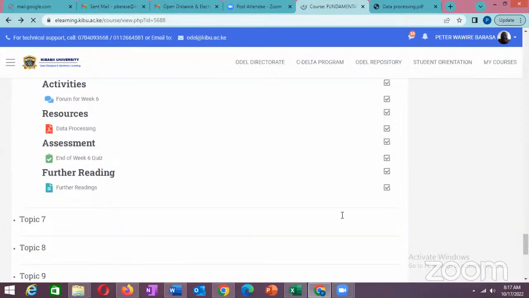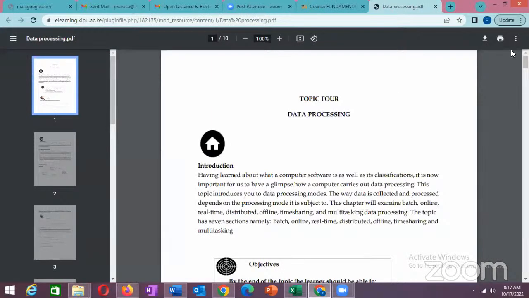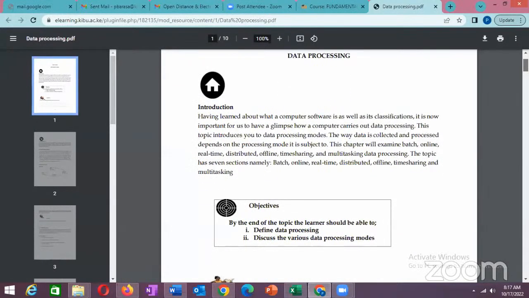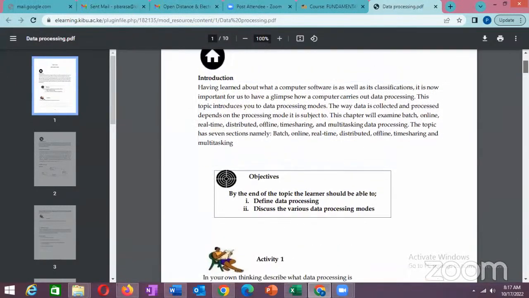And then we have the notes now, the data processing. That's what we are intending to deal with. Data processing: having learned about what a computer is, as well as its classification, it is now important for us to have a glimpse of how computers carry out processing. So this topic introduces you to data processing modes.